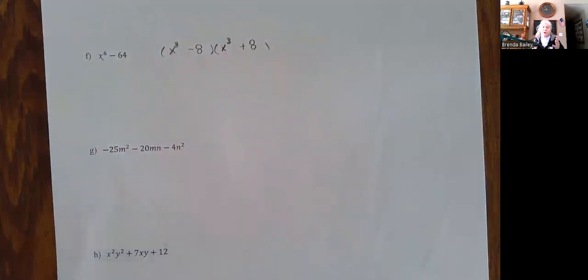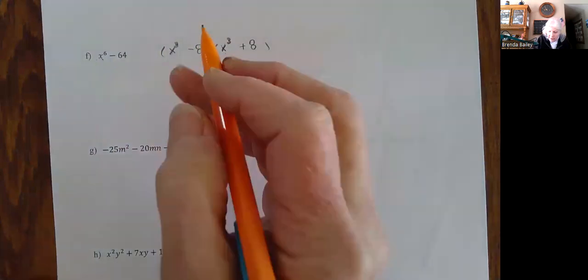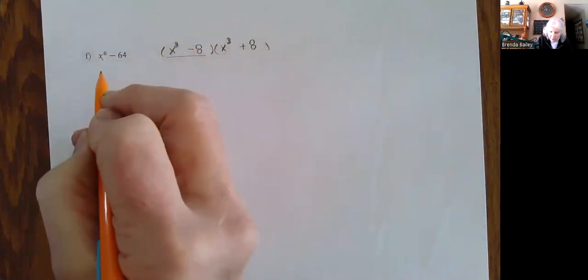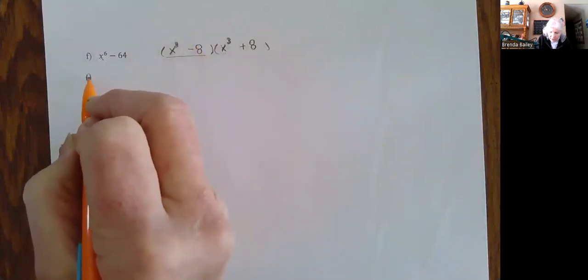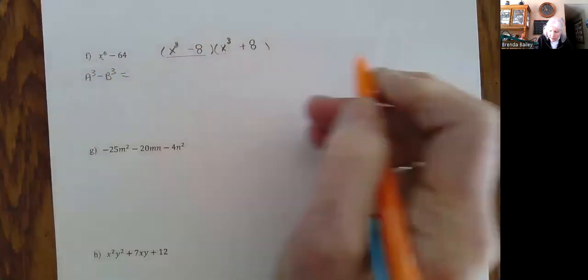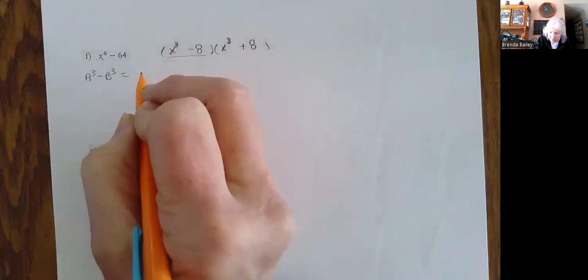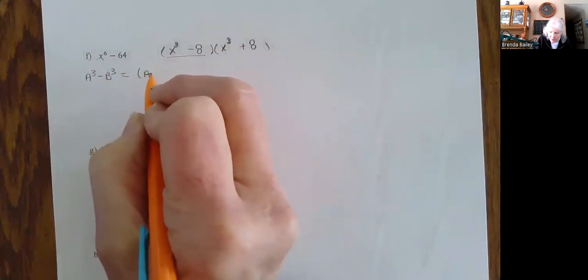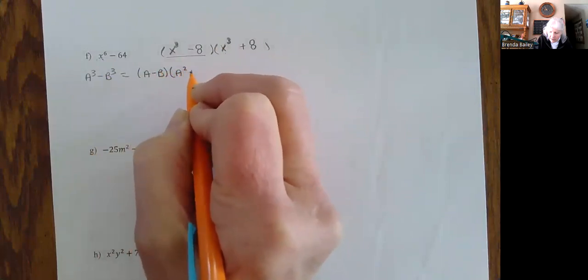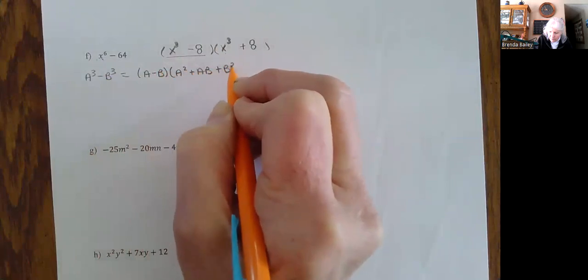But if you stopped here, you would miss these because this is a difference of 2 cubes. So we're going to follow the formula, a cubed minus b cubed. I'll just put it under here and we can write it later, is going to be a minus b, a squared plus ab plus b squared.